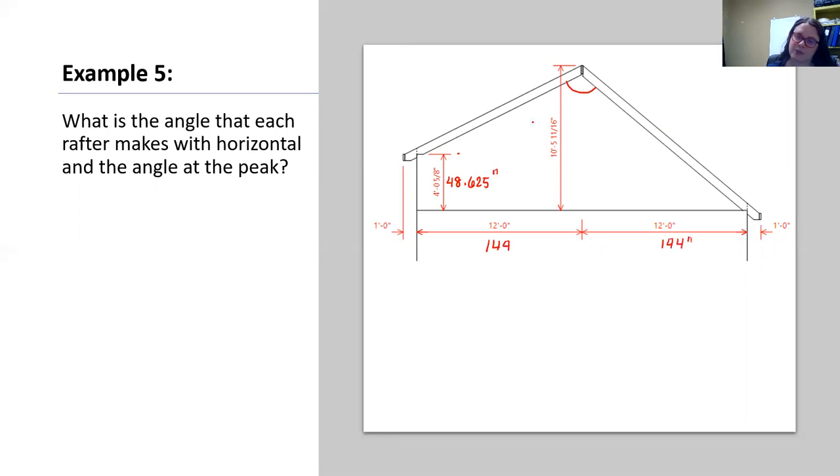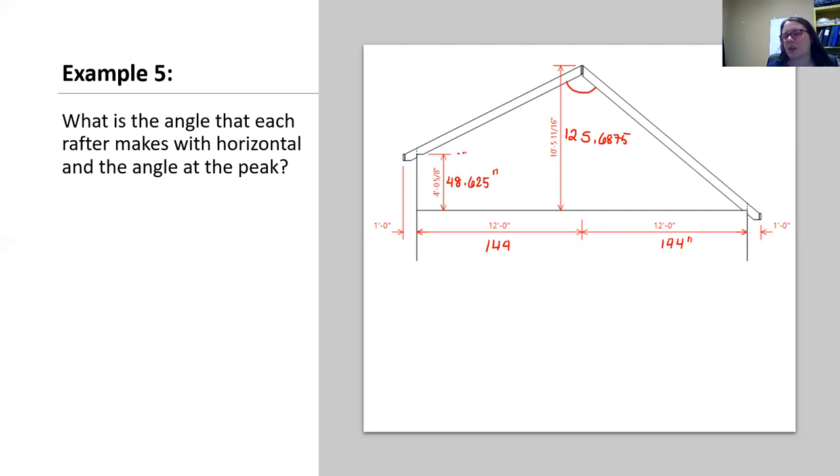And then we have 5 and 11/16, which will give you a height of 125.6875. Okay, so we've got lots of decimal numbers to bother with here.